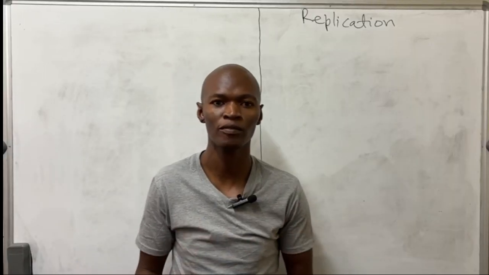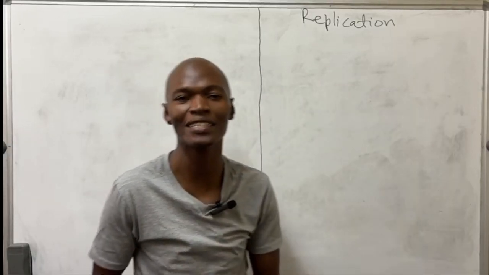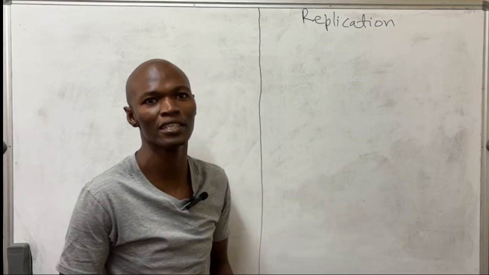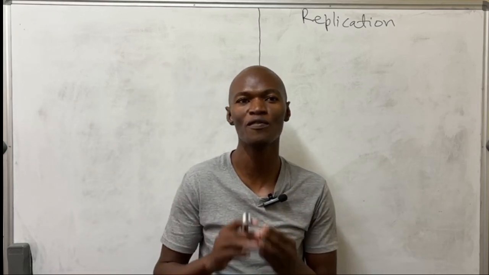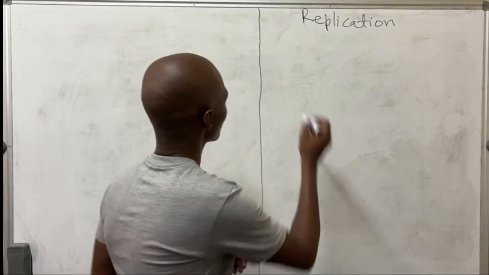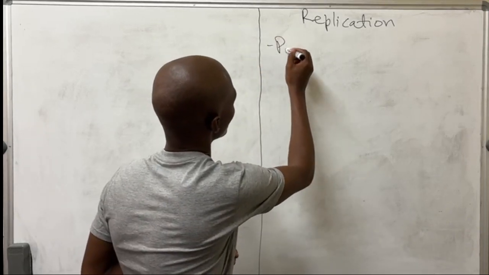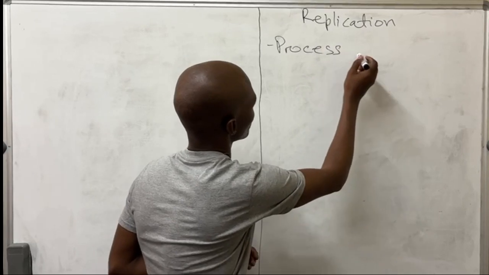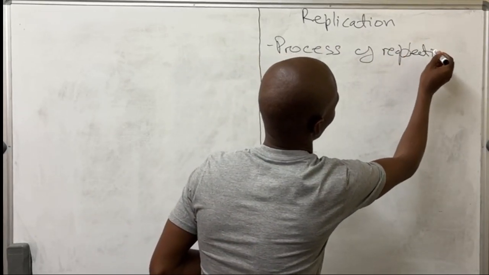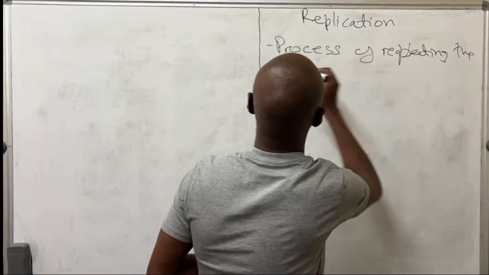The first thing that we have to do is to define what a replication is. In agricultural research, we define replication as the process of repeating the experiment under the same condition.